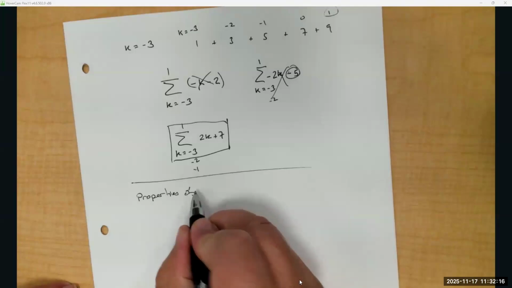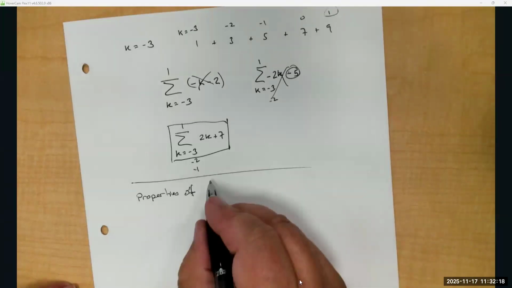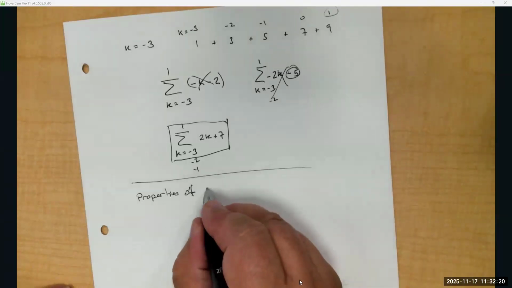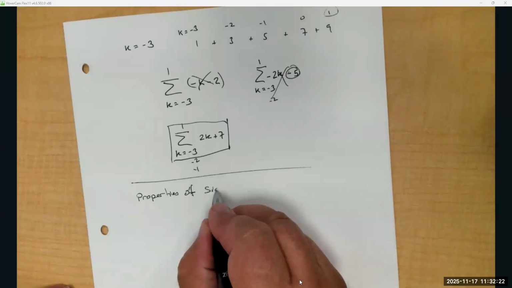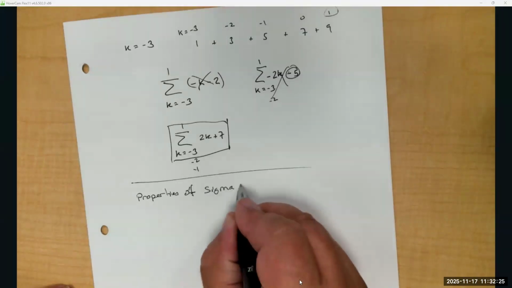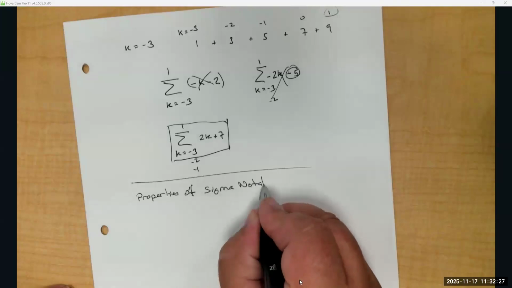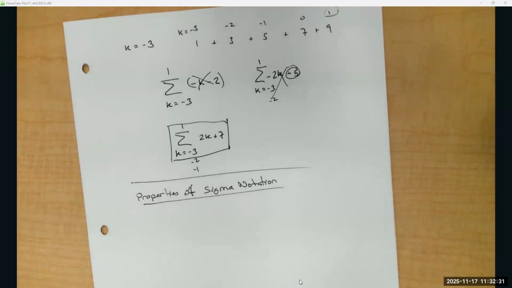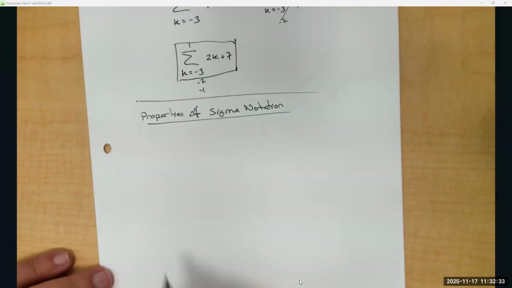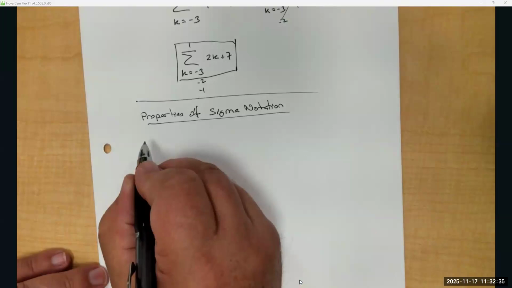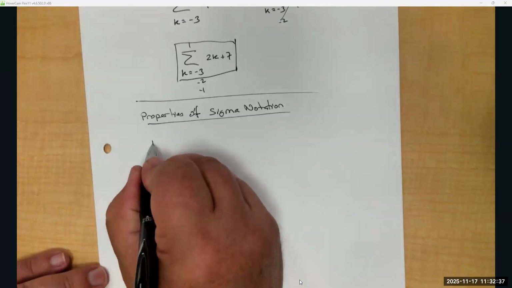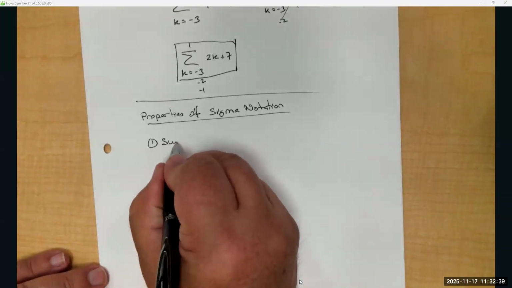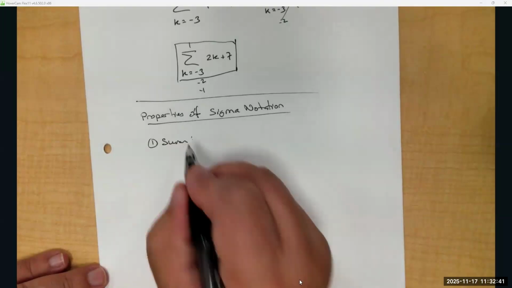The properties of sigma notation. The sum property.